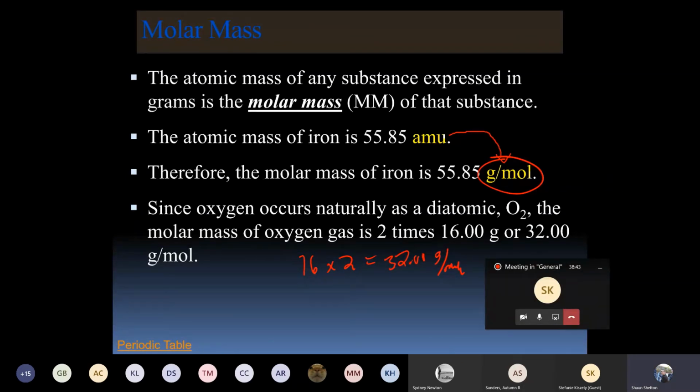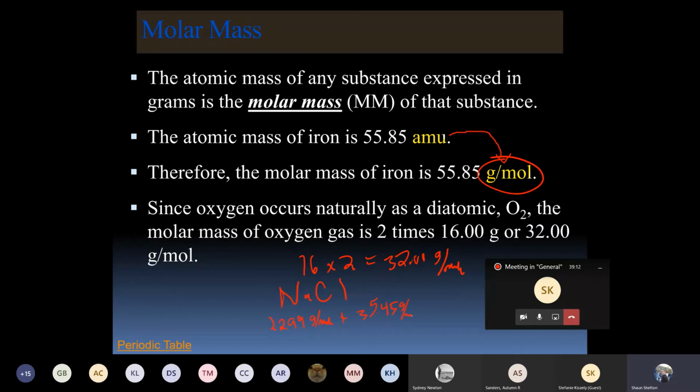Now, if we are just looking at an element, it's easy. You just look at the periodic table. But when we look at compounds, we have to pay attention to what compound we're looking at. So let's talk about NaCl. There's one Na. Na is 22.99. Chlorine, there's one chlorine, and chlorine is 35.45.